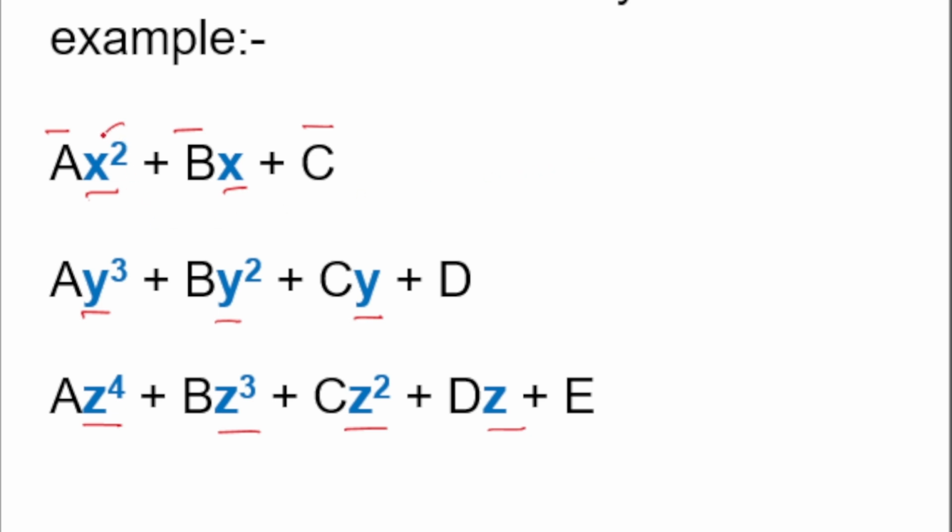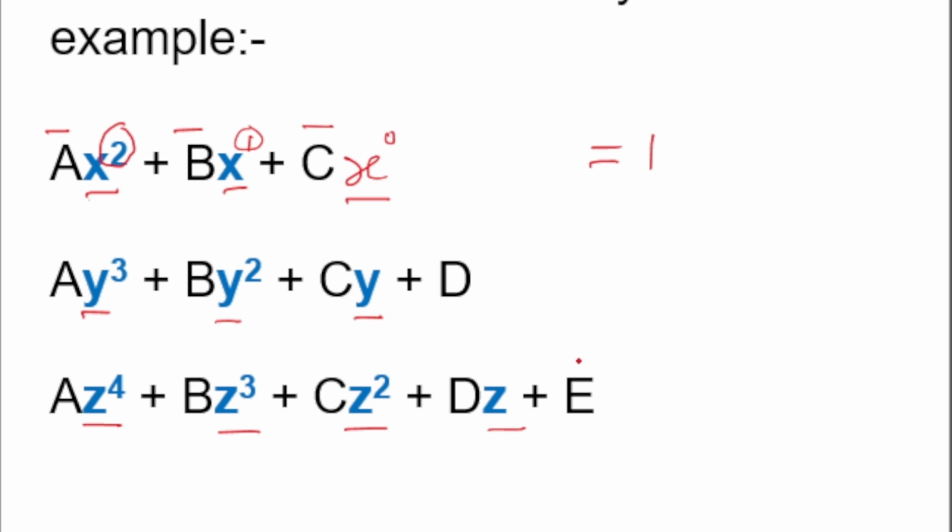So these are the powers of the variable: 2, 1, and here we can say 0 because x to the power 0 is equal to 1. So these are 3, 2, 1, 0, 4, 3, 2, 1, 0.